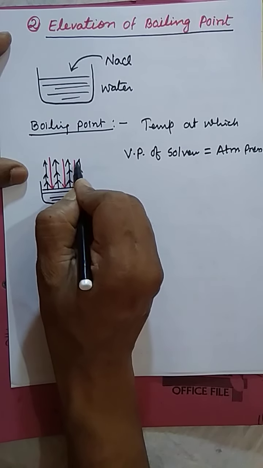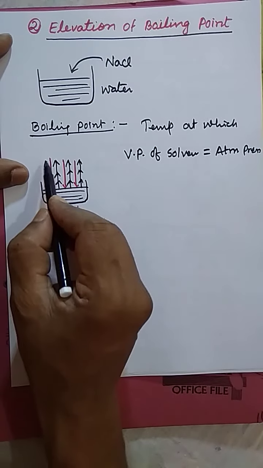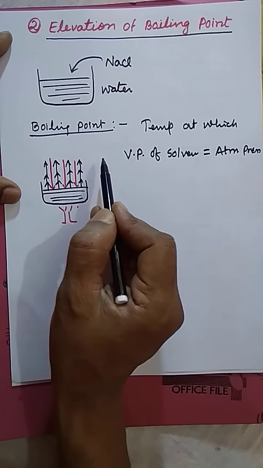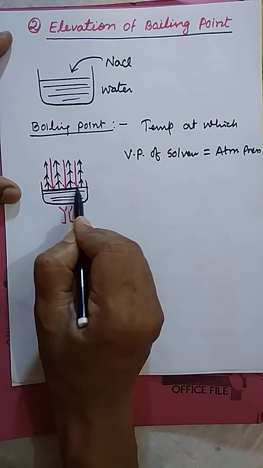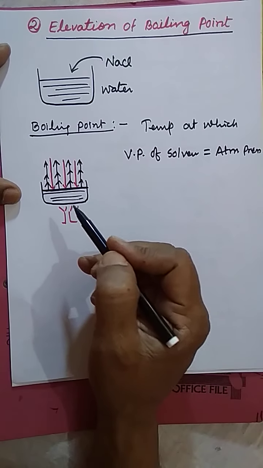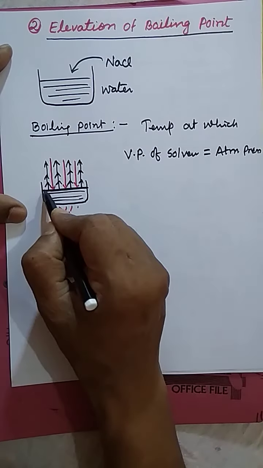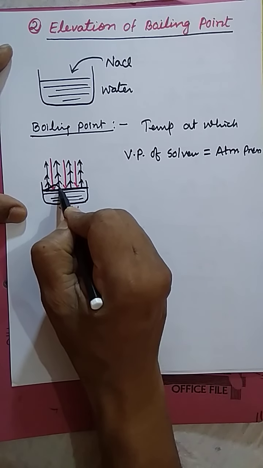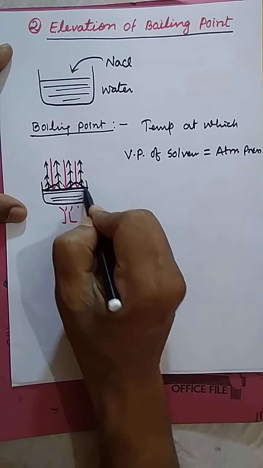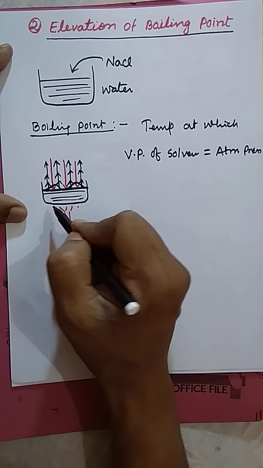A time will come where vapor pressure is equal to atmospheric pressure, then there is no net pressure at the surface of water. In this case, water begins to rise, and due to gravity it comes down.